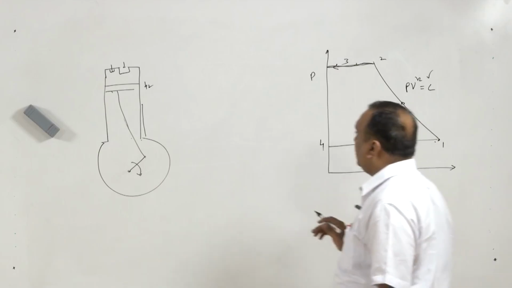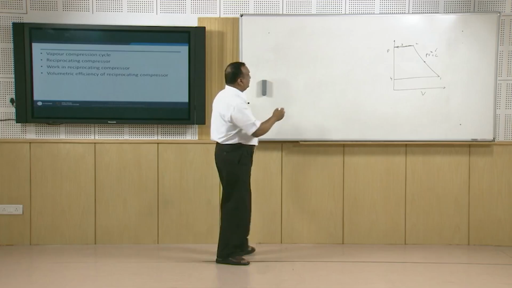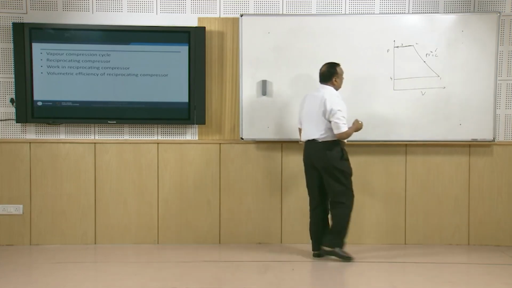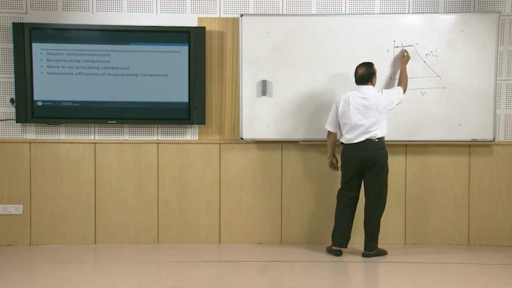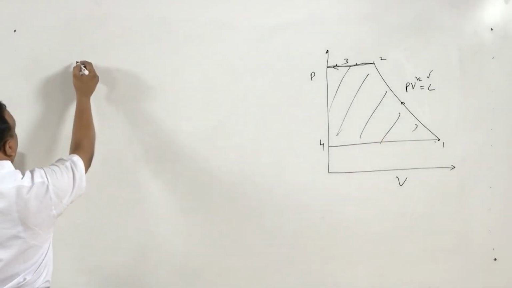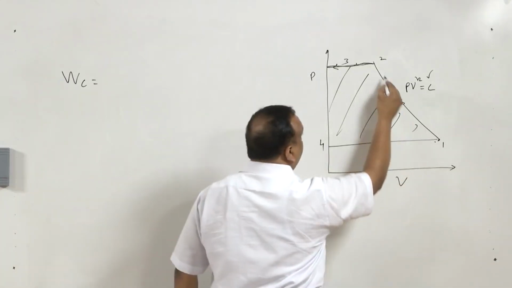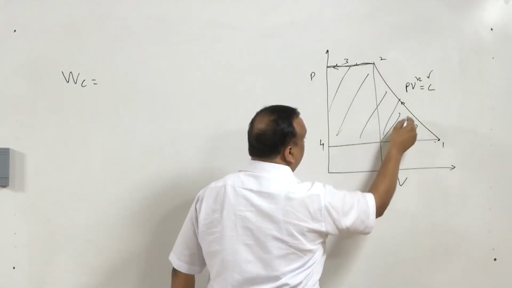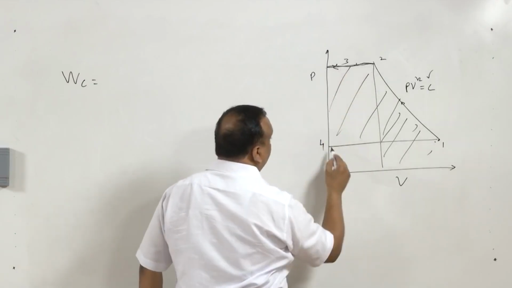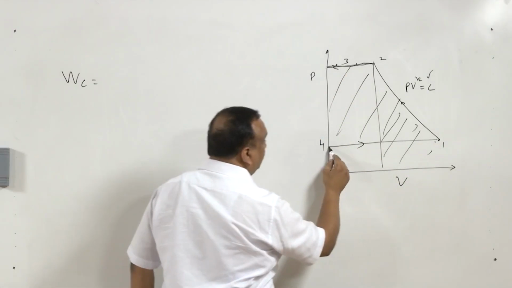If you want to take the area of this diagram, the work done during this process 1, 2, 3, 4 is the area of this diagram on PV, and the work done can be calculated as the work done during process 1 to 2 plus work done during process 2 to 3 minus work done during process, or area under, 4-1.